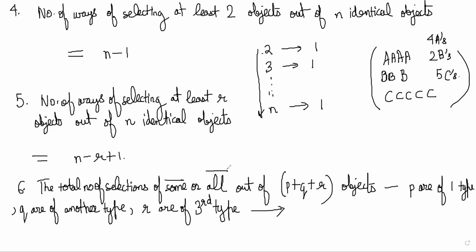You have to select some. So that means you cannot reject everything. First find out the total number of ways of selecting or rejecting, 0 or more, for all of the objects, and then subtract 1 from the case where you have rejected everything.